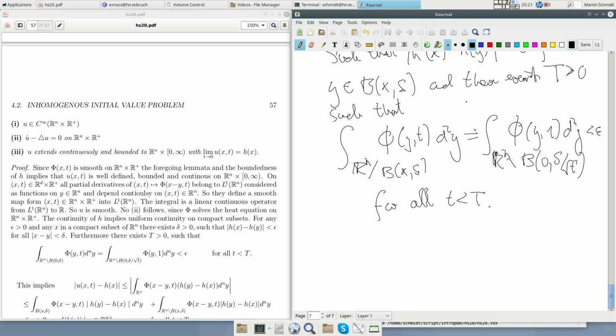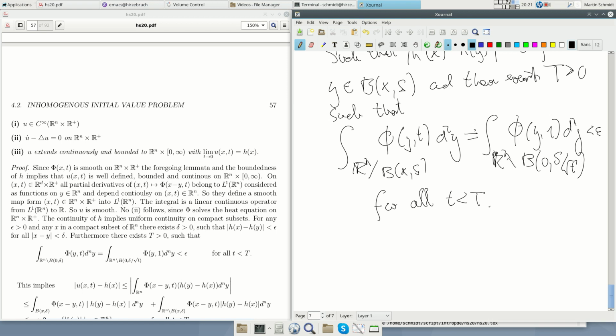Here we see if t goes to 0, then this ball becomes infinite, and then this goes to 0. So by choosing t small enough, we can make this arbitrarily small. If t is small enough, then 1 over t is very large, and so on. So we can do this.